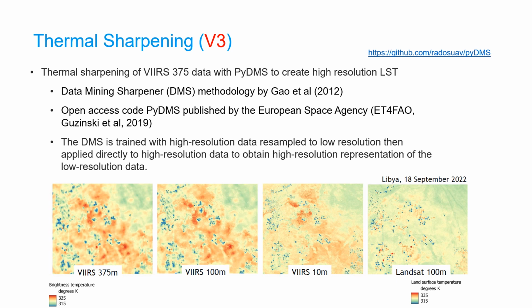The figure here shows the original VIIRS image at 375 meter resolution converted to 100 meter and 10 meter using the PyDMS approach. As a comparison, a Landsat image obtained on the same day is also given at 100 meter resolution.